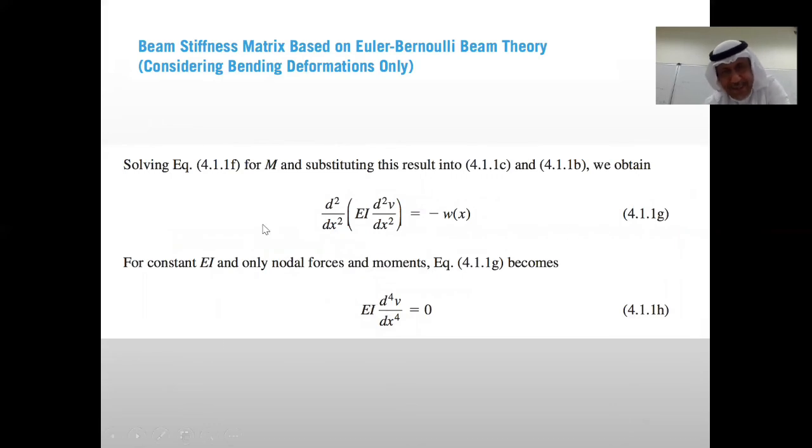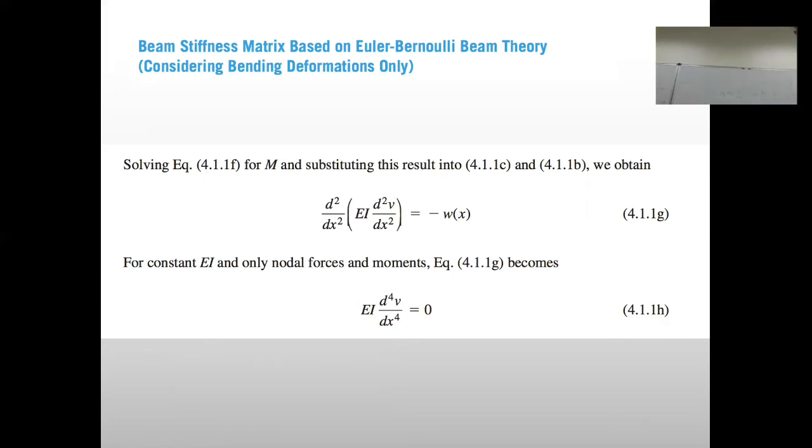Okay, so this is our differential equation. Fourth derivative of V times EI equals the load. If there is no load, or if you have a concentrated load, this will be 0. And if EI is constant, you can put it outside the integration. So this is the fourth derivative. Your primary unknown is V. Forget about phi.